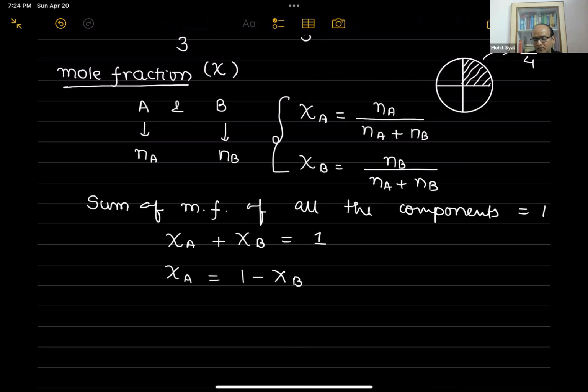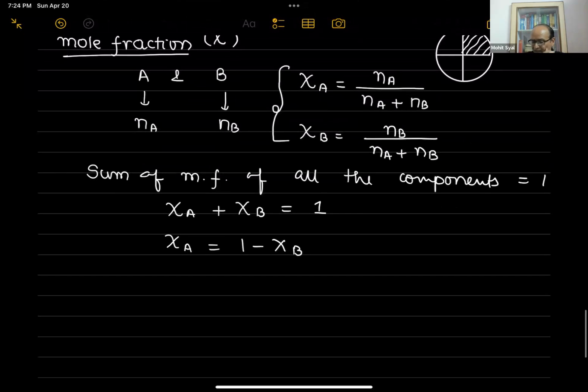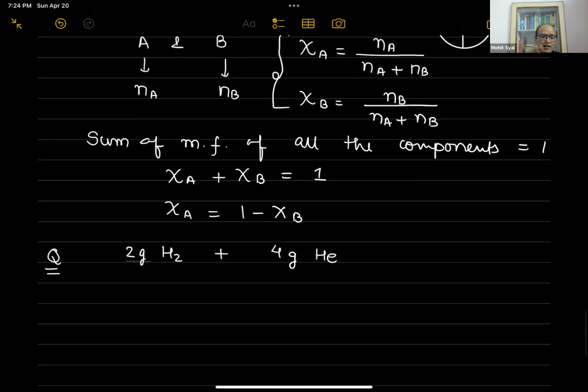Okay. So mole fraction, let's do one question. Suppose I take 2 grams of hydrogen gas, and we add 4 grams of helium. What will be the mole fraction of hydrogen and what will be the mole fraction of helium?